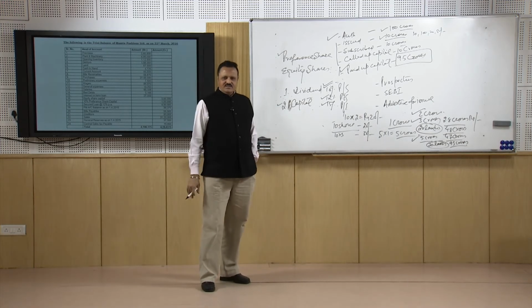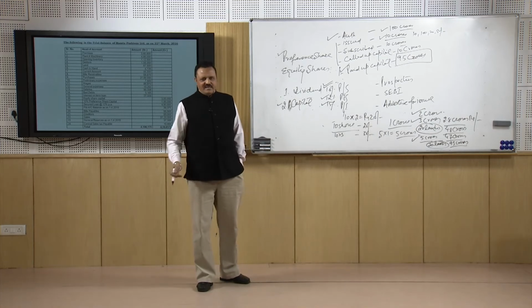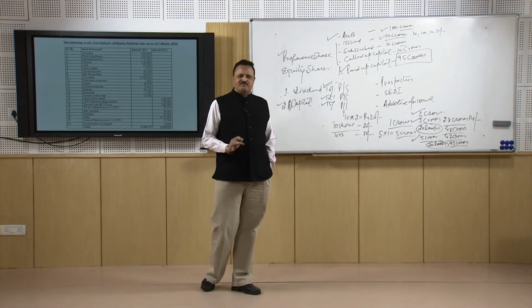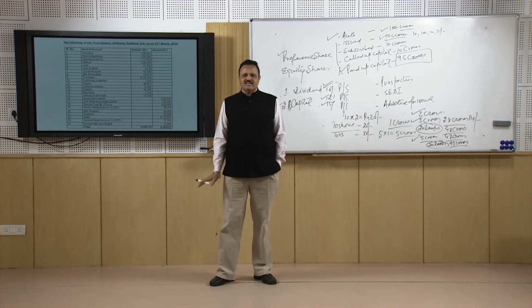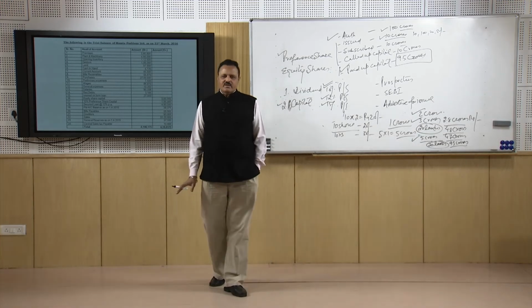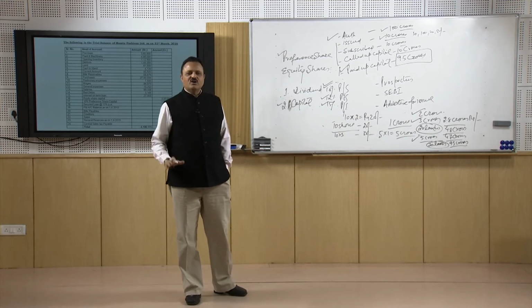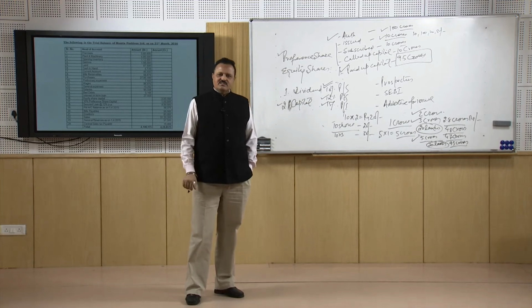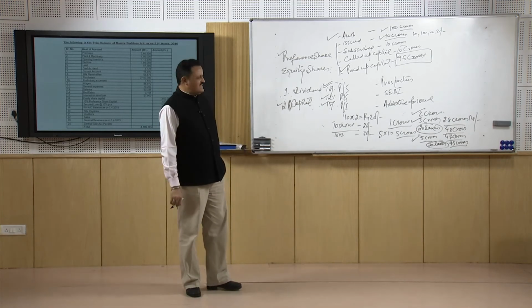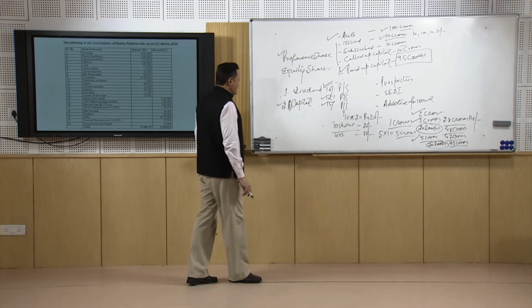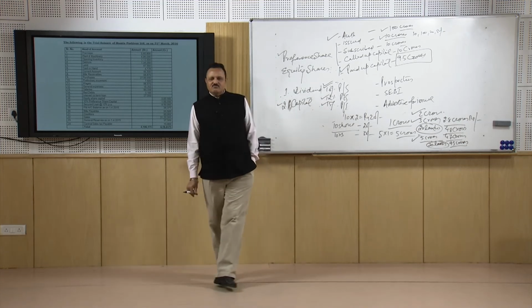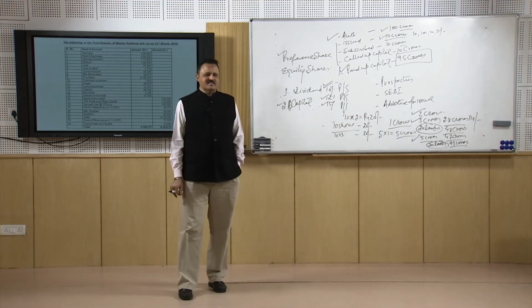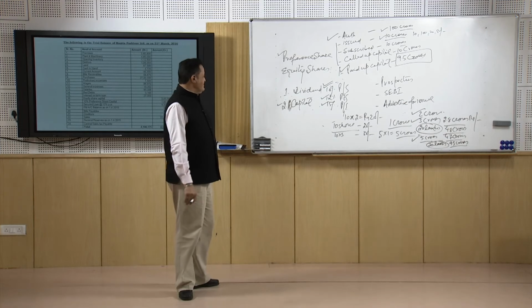But if there is no profit, or there is a less profit, equity shareholders will not get any dividend, they do not have any right on the dividend. But if there is a huge profit or the company's performance is very good, in that case equity shareholders stand at a gain and the preference shareholders stand at a loss, because the dividend to be paid to the preference shareholders remains fixed. This is the first disadvantage.